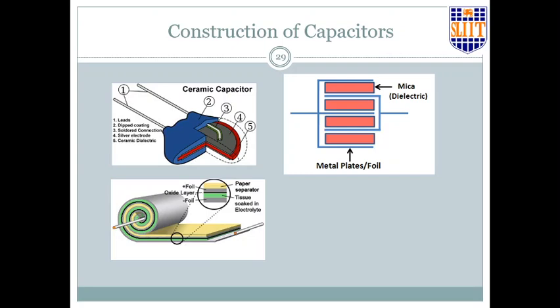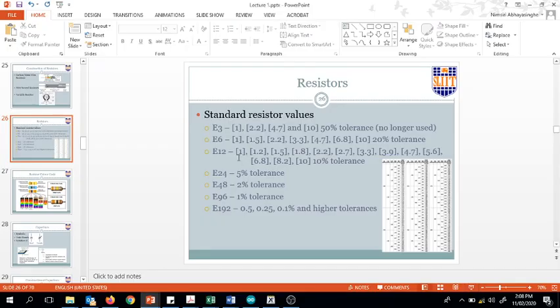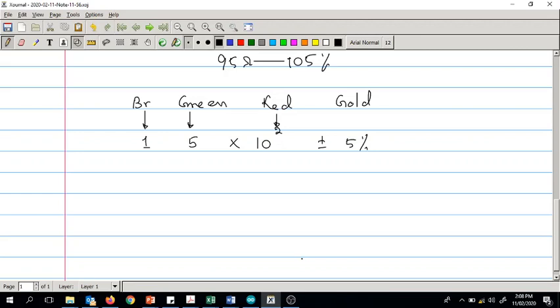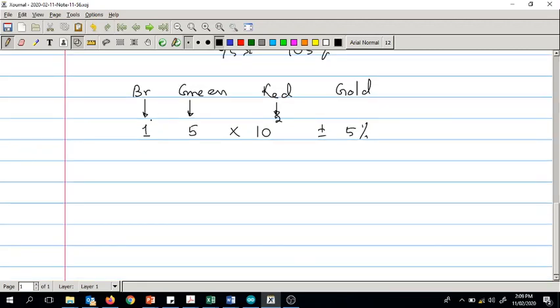The other option they have found is that there are certain salt solutions, electrolytic solutions.